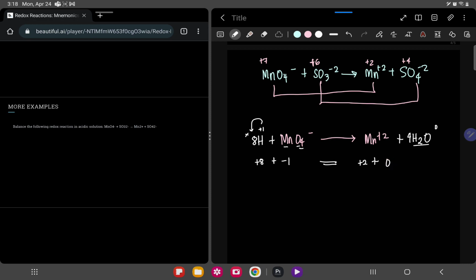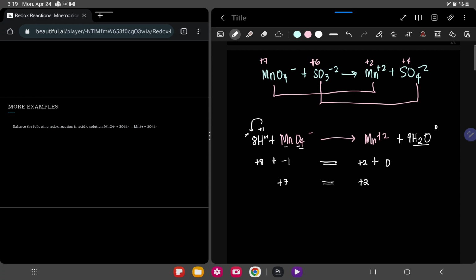Always remember that hydrogen always has positive 1. Always remember that if you don't see any charges on the upper right corner of an element, it is stable, or it has zero as its overall oxidation state. So positive 8 plus negative 1 is positive 7. And we have to equalize it with the other side, which is positive 2.